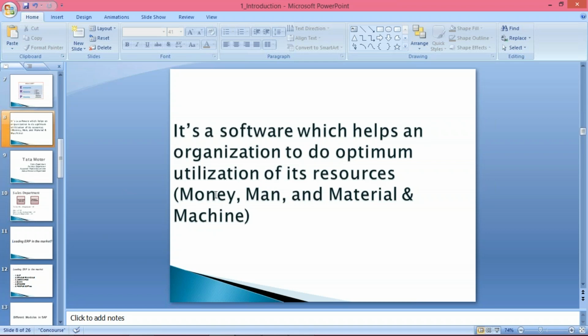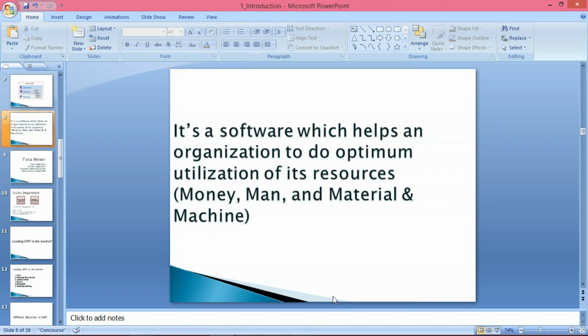Money, man, material and machines. These are the four resources. So now the question is, how is ERP going to help any organization to do maximum utilization of its resources?